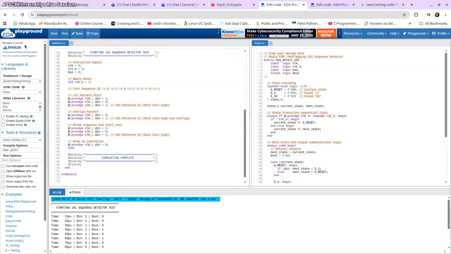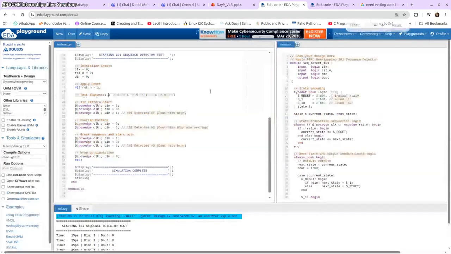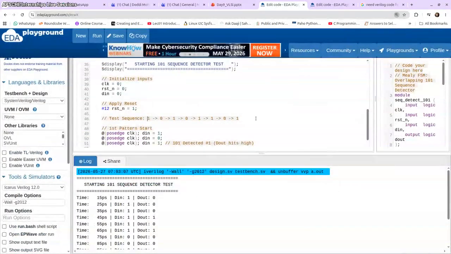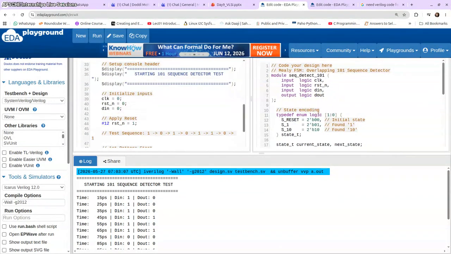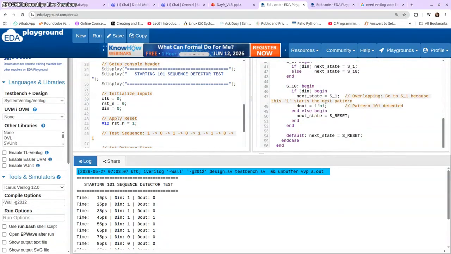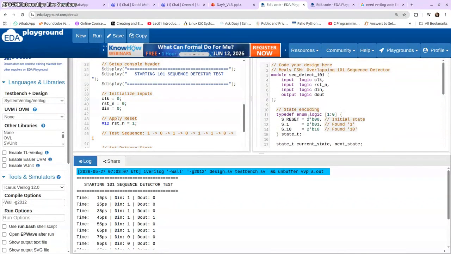Okay. So whatever we have learned in the theory of FSM, here I am trying to maintain the state, the initial state, and it is found, found 10, something like that.